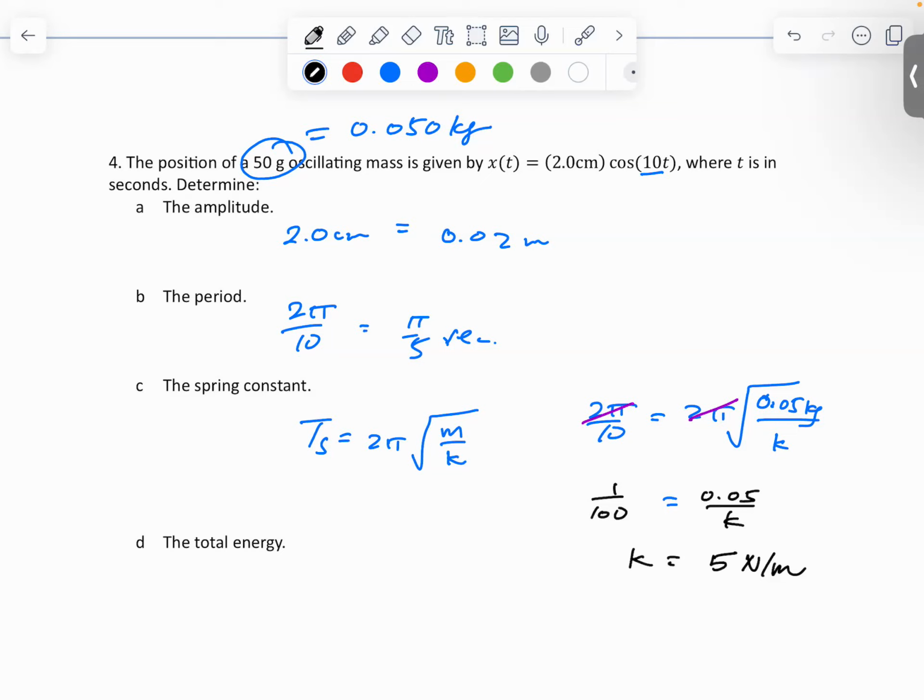So the next step after canceling out 2 pi on both sides is to square. M over K. M is 0.05 kilograms. K is 5 newtons per meter, a unit.